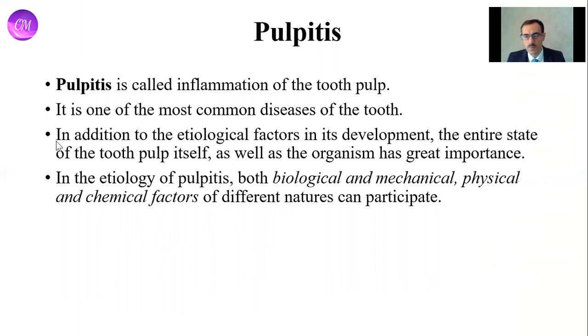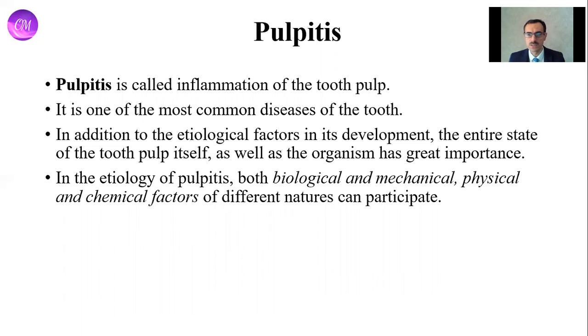But the inflammation of the pulp we call pulpitis. It is one of the most common diseases of the tooth. In addition to the etiological factors in this development, the entire state of the tooth pulp itself, as well as the organism, has great importance.